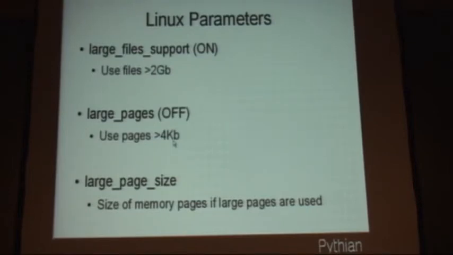If you do that, you run the risk of a lot of fragmentation, because if you don't fill up the memory page, you're not using the whole amount, and you end up with fragmentation. Changing this is definitely an advanced thing. I may have done it once or twice, but most people don't need that. Large page size is the size of the memory pages if large pages are used.